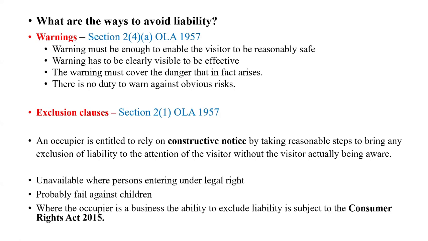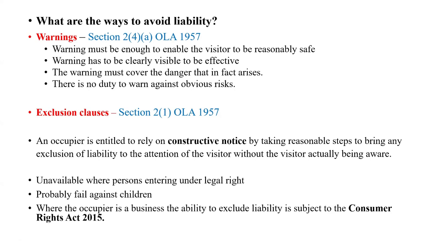So that means an occupier is not expected to give actual notice of the exclusion clause, but constructive notice is sufficient. This means the occupier just has to take reasonable steps to bring the exclusion clause into the notice of the visitor. But if the visitor doesn't read the clause or he just ignores the clause, then it is not the fault of the occupier. The occupier still can rely on constructive notice to avoid liability.